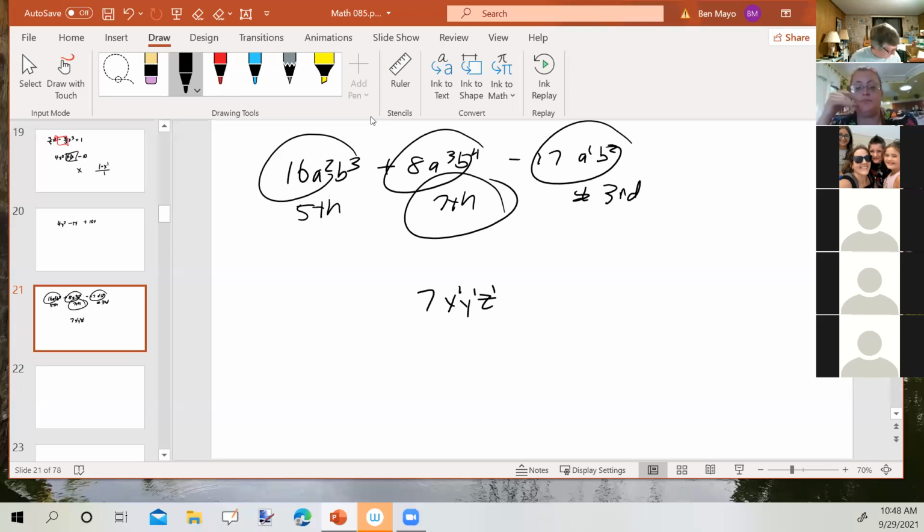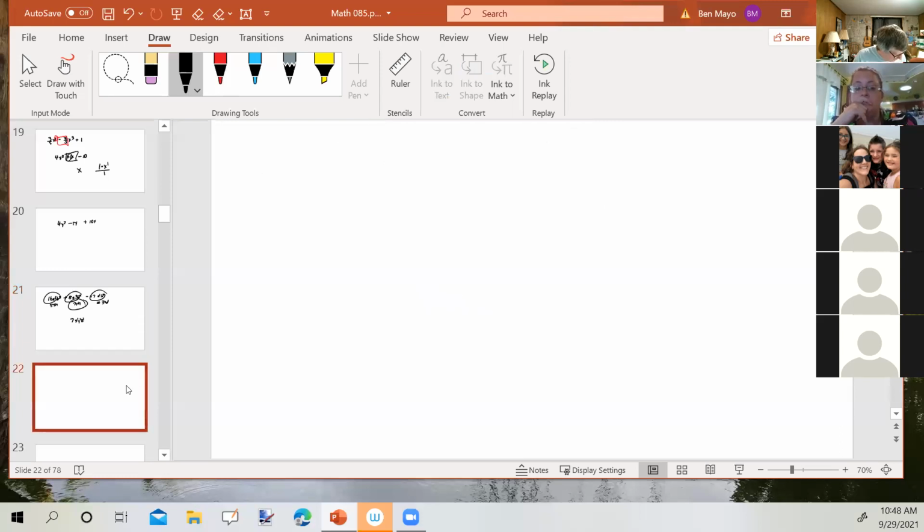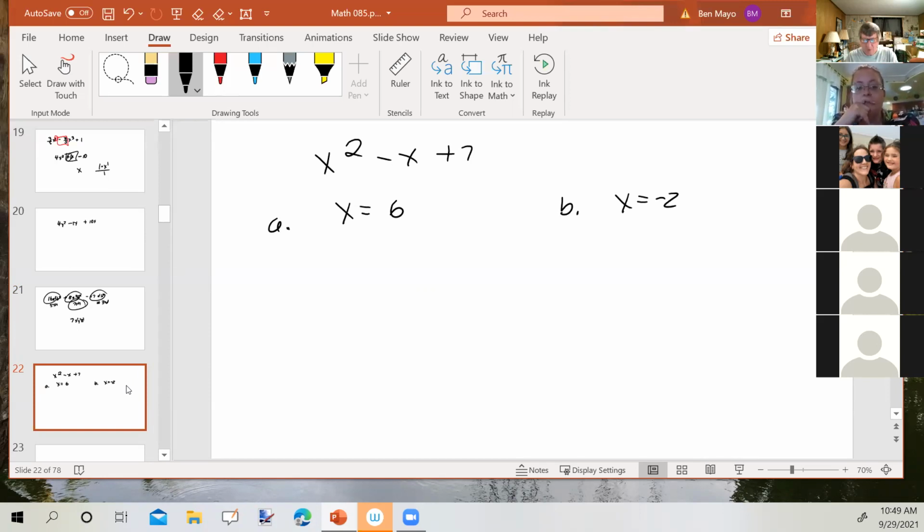Now we're going to evaluate an expression. So for instance, we have x squared minus x plus 7. We are to evaluate this for x equals 6 and then x equals -2. We have a trinomial, that's our expression.